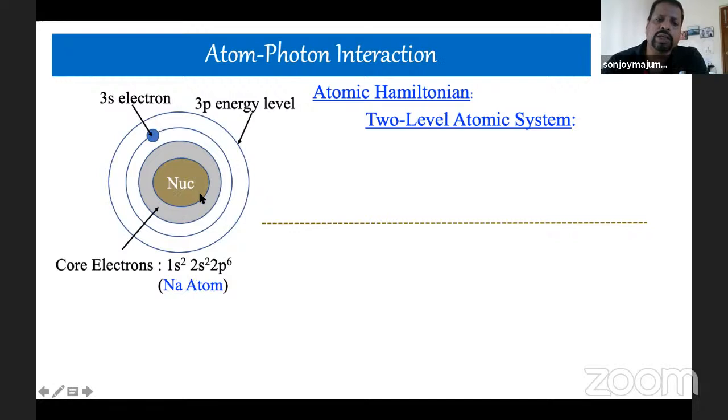We have a nucleus and core electrons: two electrons in 1s, two in 2s, and six in the 2p orbital. Outside these core electrons you have a single valence electron which is roaming around, the 3s electron at its ground state. If you excite it by external light, it can go to 3p or a subsequent excited state.